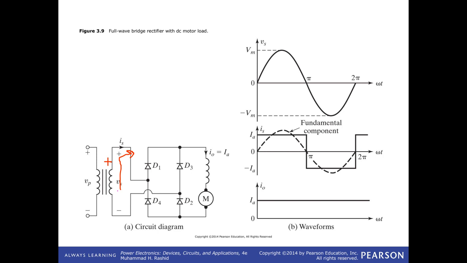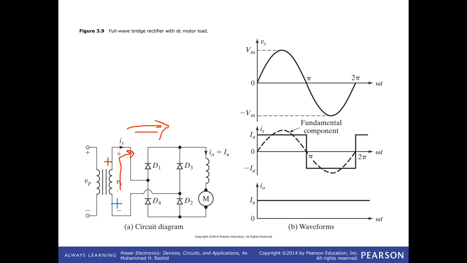For the second half, voltage is negative. It was blue color. Voltage is negative, so the negative point has got a positive potential. And current is negative too.